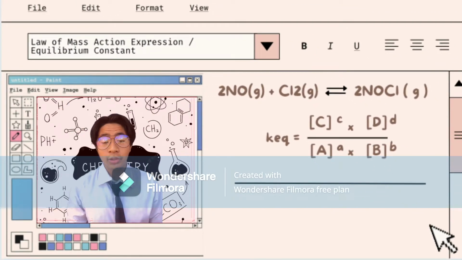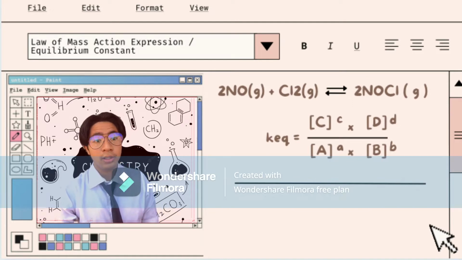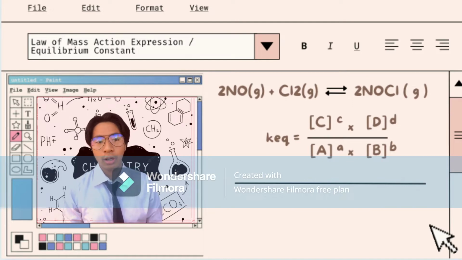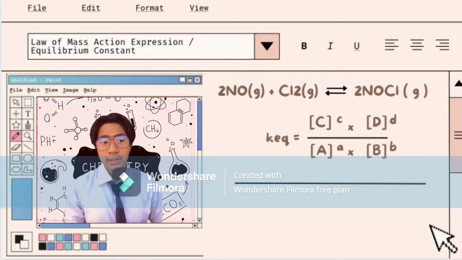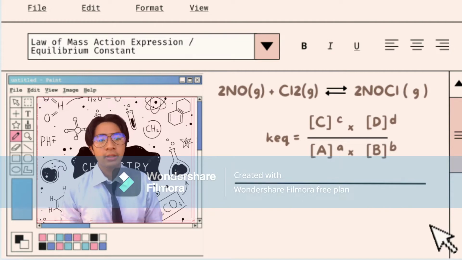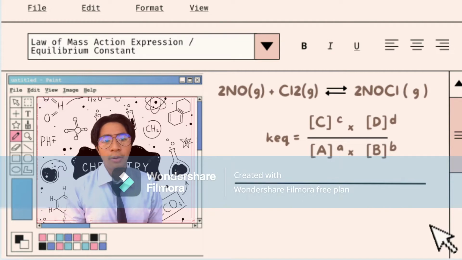But first, we need to know the equation for the equilibrium constant. K represents the concentration of one of our products, so that's going to be C raised to the power of the number of moles that we have of that chemical. Likewise, the concentration of D raised to the power, and that power is going to be moles of this product as well.